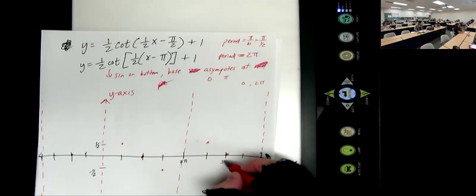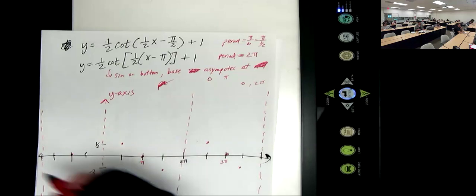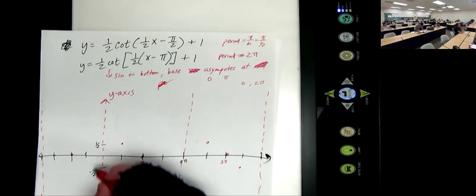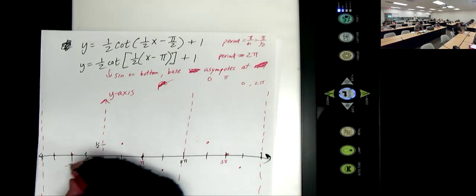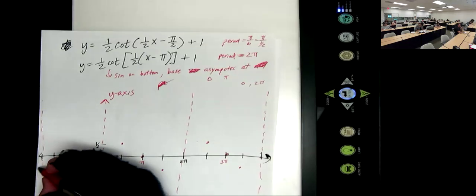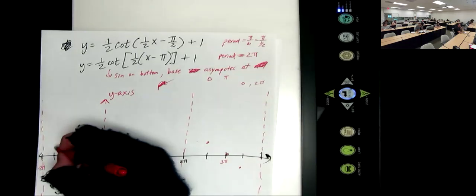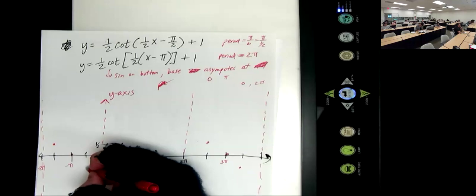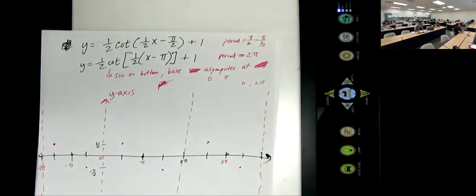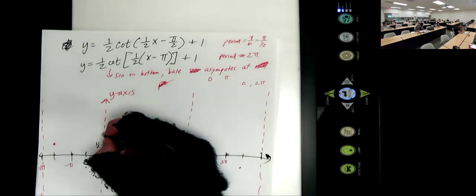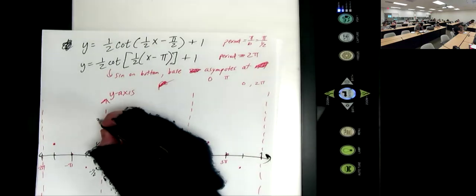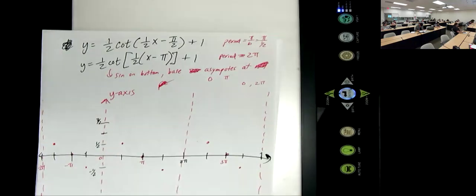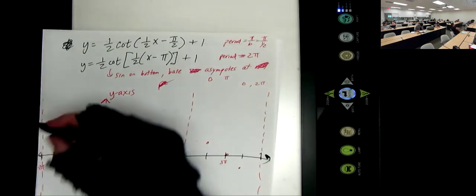This is 3 pi, this is pi, 0, negative pi, negative 2 pi. Put those over there too. Now we gotta do a vertical shift of 1, which means going up 1, up to 3/2 there. All the points go up 1.